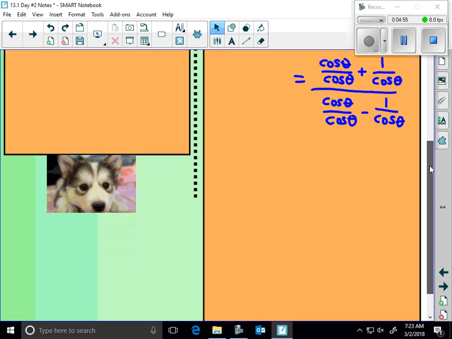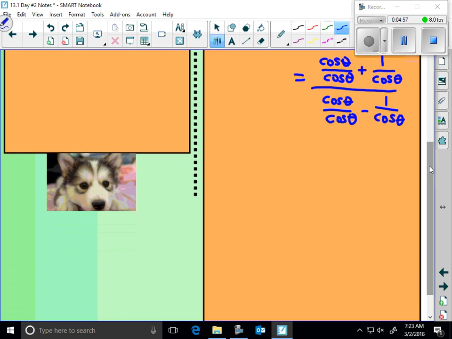All right, now let's do a little bit of work. Numerator-wise, since I have a common denominator, I had cosine theta plus 1 over cosine theta. In the denominator, I have cosine theta minus 1 over cosine theta.